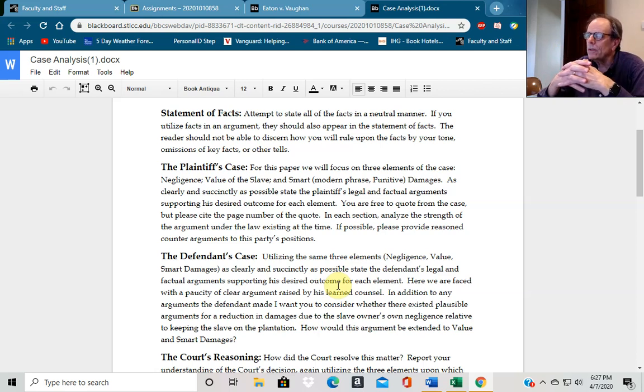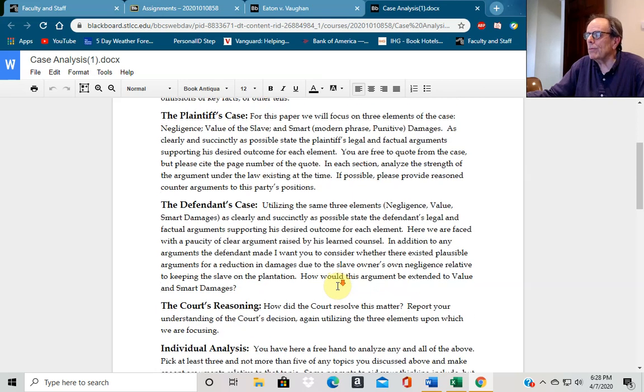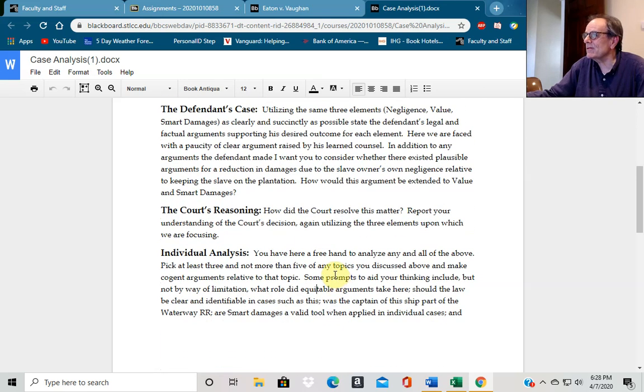But were there indicators prior to Charles leaving the plantation that he might be a runaway? You might be able to extend this argument to value. A slave that's likely to run away is worth less. I think we can make some kind of argument that we're not going to pay it full for him.